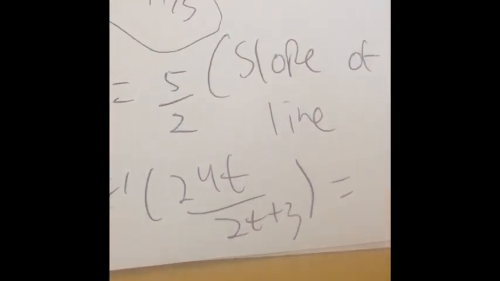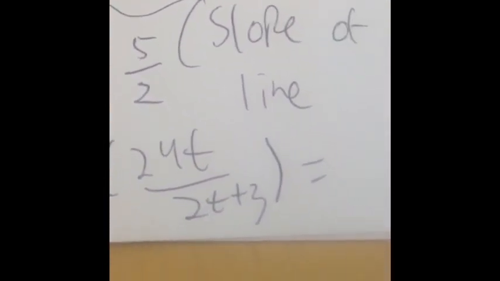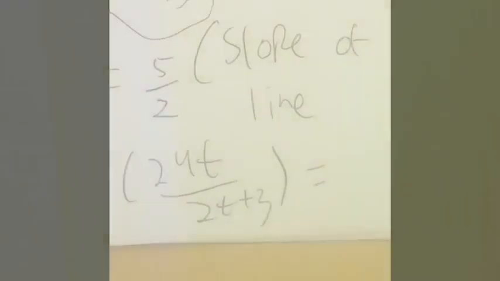And when you do that, you get... my calculator's still dead. Sorry about that, but once you put that in your calculator, you get the derivative of 24t over 2t plus 3 is 72 over (2t plus 3) squared.